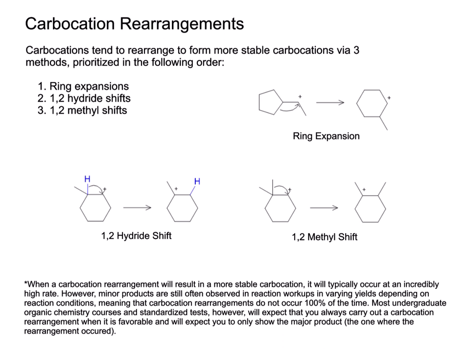Most undergraduate organic chemistry courses and standardized tests, however, will expect that you always carry out a carbocation rearrangement when it is favorable, and will expect you to only show the major product, which is the one where the rearrangement occurred. As usual, pay attention to how your actual organic chemistry class is set up, as some classes may expect you to know, or at least be able to show, how to get to various minor and major products.